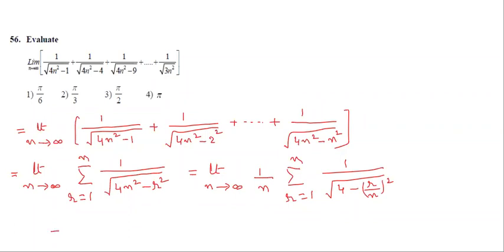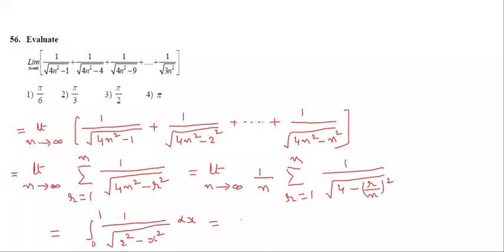Students, how to write now? Integration 0 to 1, 1 by under root 4 means I am writing 2 square minus x square dx. This is in the form of integration 1 by under root a square minus x square. What is the formula?